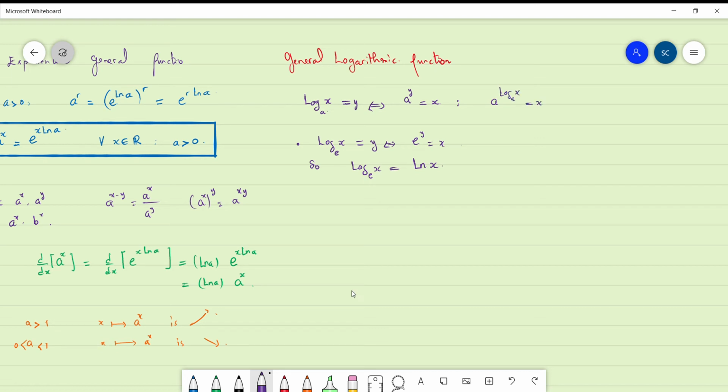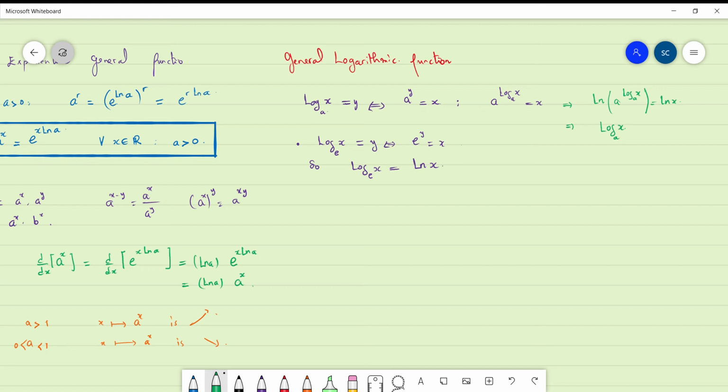If you take the ln of both sides, then ln of a^(log base a of x) is ln x, which gives us the general logarithmic function base a of x.